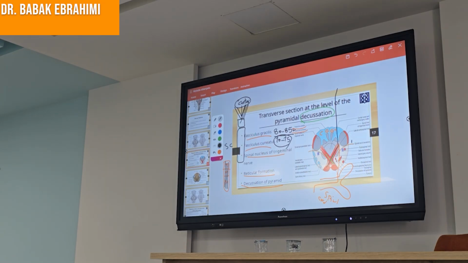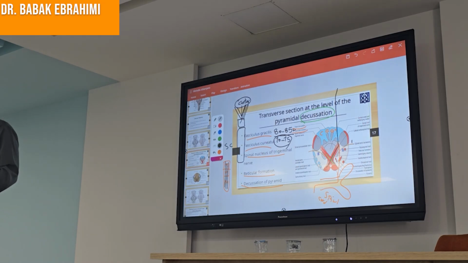So, if the reticular formation is in danger or is injured, what happens to the body? For example, she is responsible for awareness of the class. Okay? If I kill her, what happens? The awareness of the nervous system is damaged.